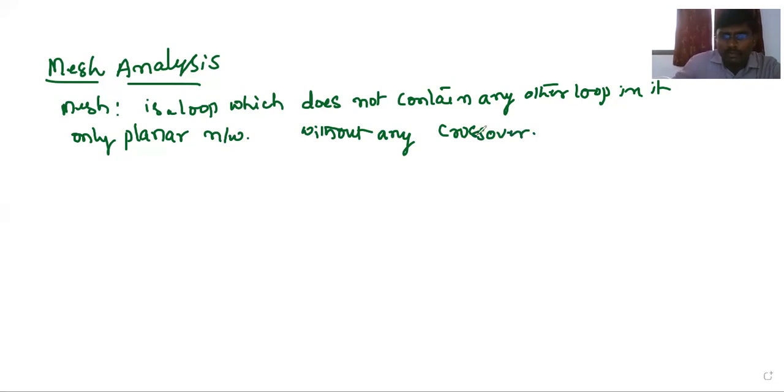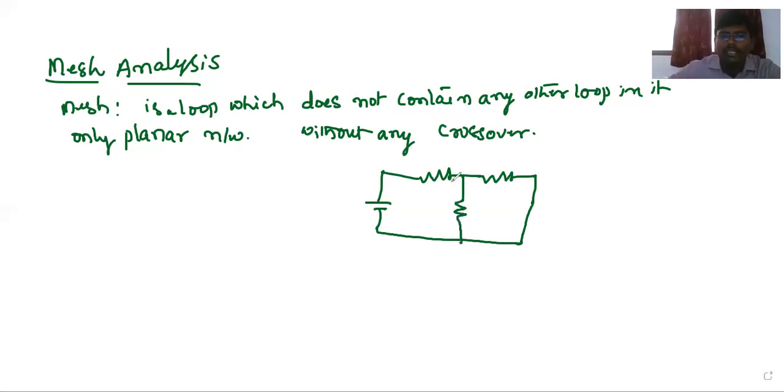That means if you take any network on a two-dimensional space and draw that network without any crossover, then it is said to be a planar one.